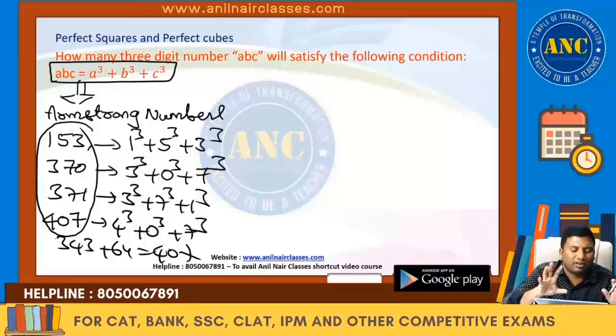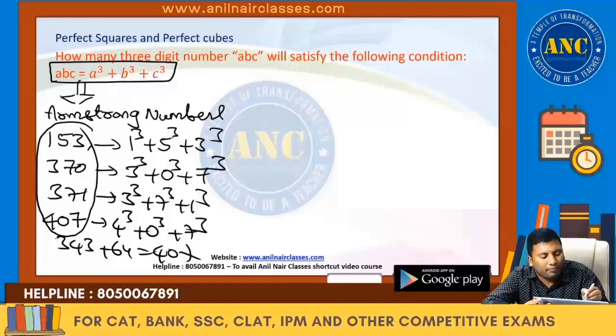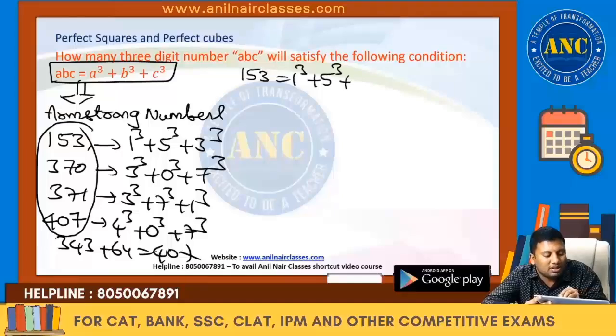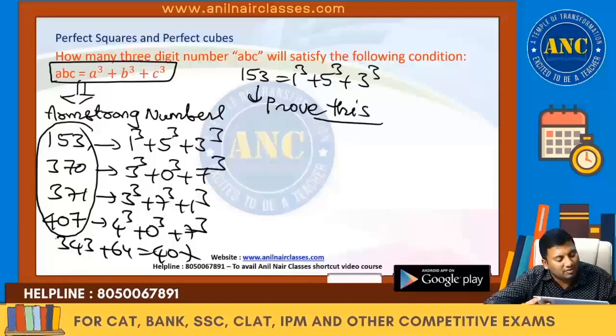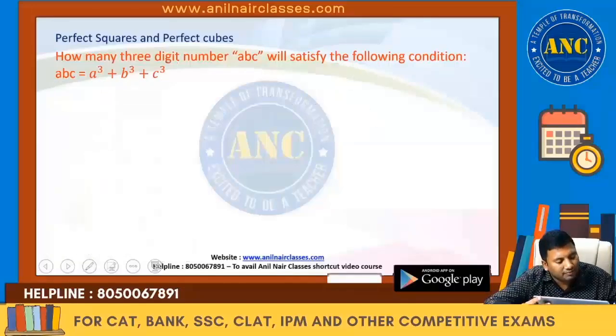Same process you can follow to find 370, 371, 407 also. Now the proof. Why is 153 coming out to be 1 cube plus 5 cube plus 3 cube? I will prove this, so that the same pattern can also be followed for 370, 371 and 407.